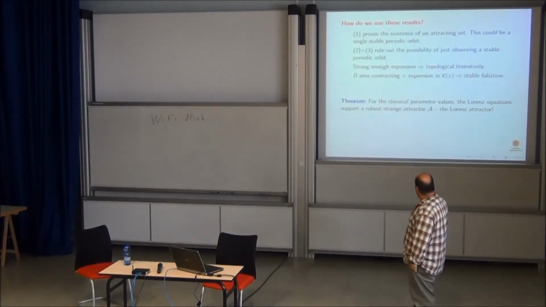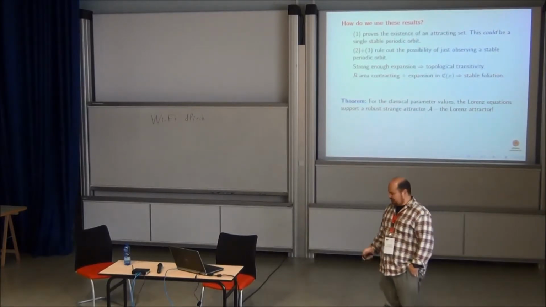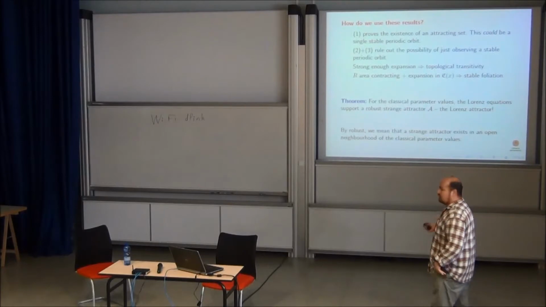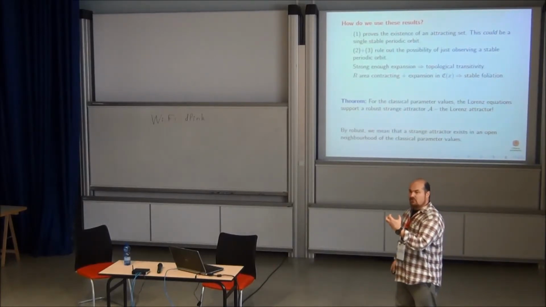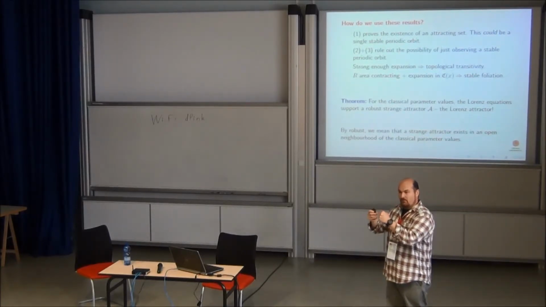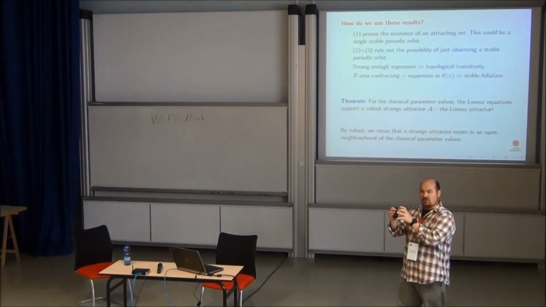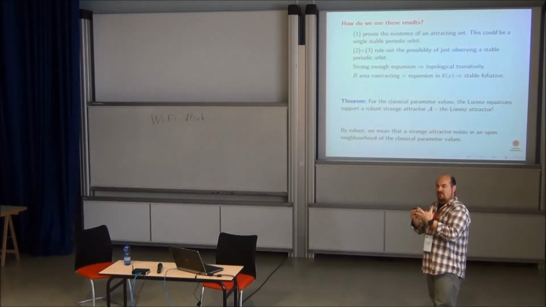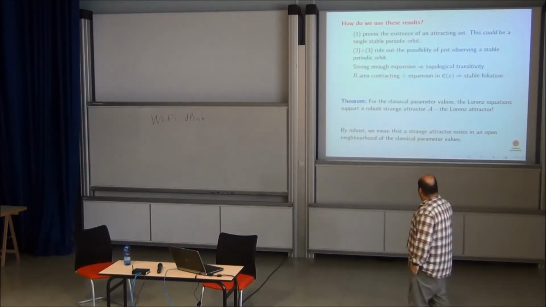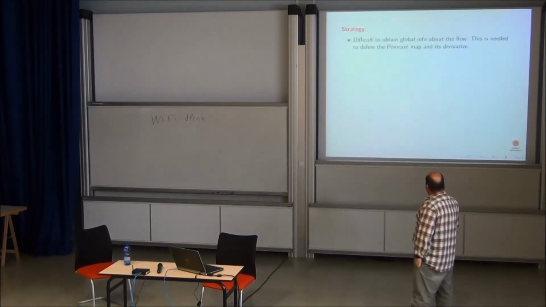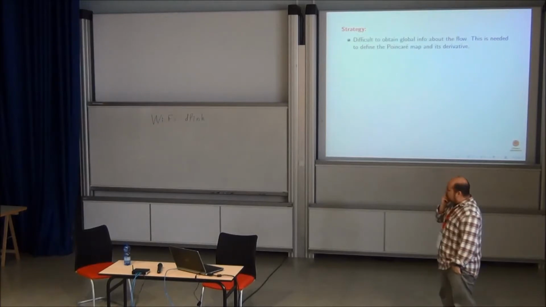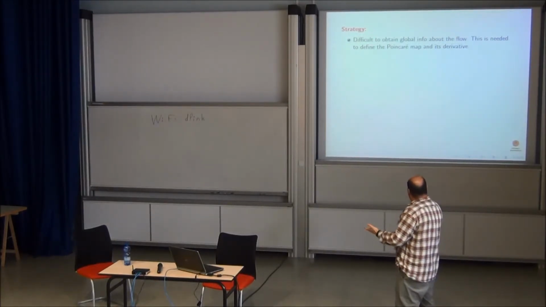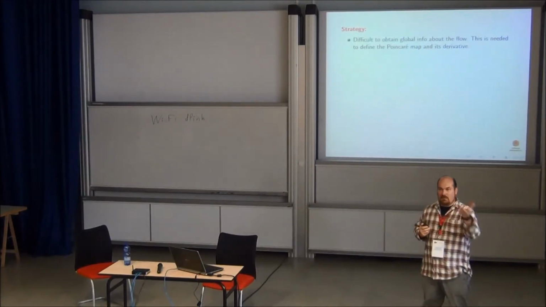So now I'll try to tell you a little bit how I did this. And by robust, I mean that we changed the parameters, the attractor is going to change, but it's going to have the properties of being a strange attractor still. That doesn't change. Okay, so the strategy then is we have to get information about the return map, this Poincaré map.